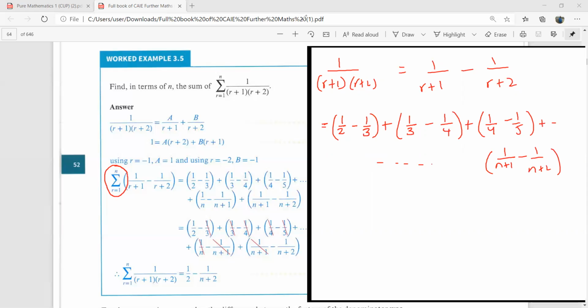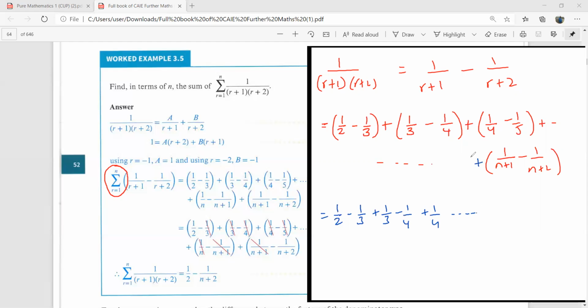Expanding a bit more, this is 1 over 2 minus 1 over 3 plus 1 over 3 minus 1 over 4 plus 1 over 4 minus 1 over 5, and so on.